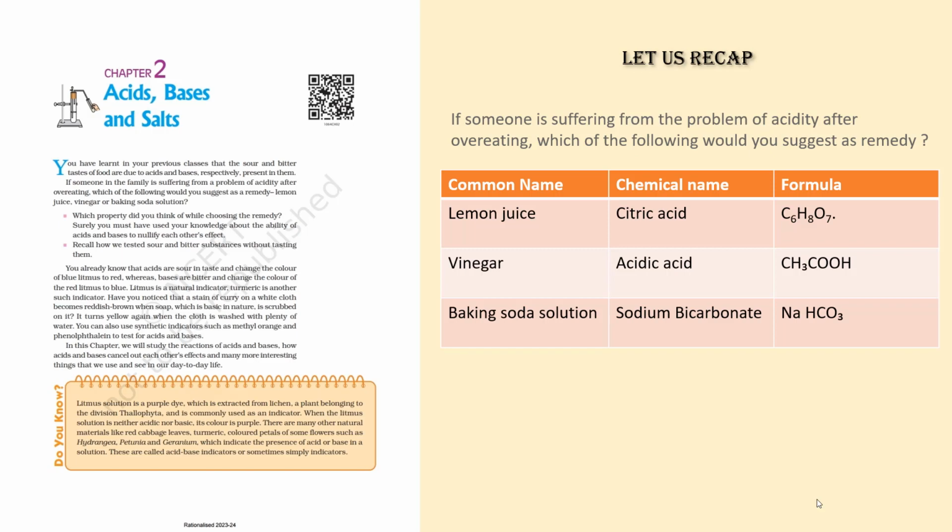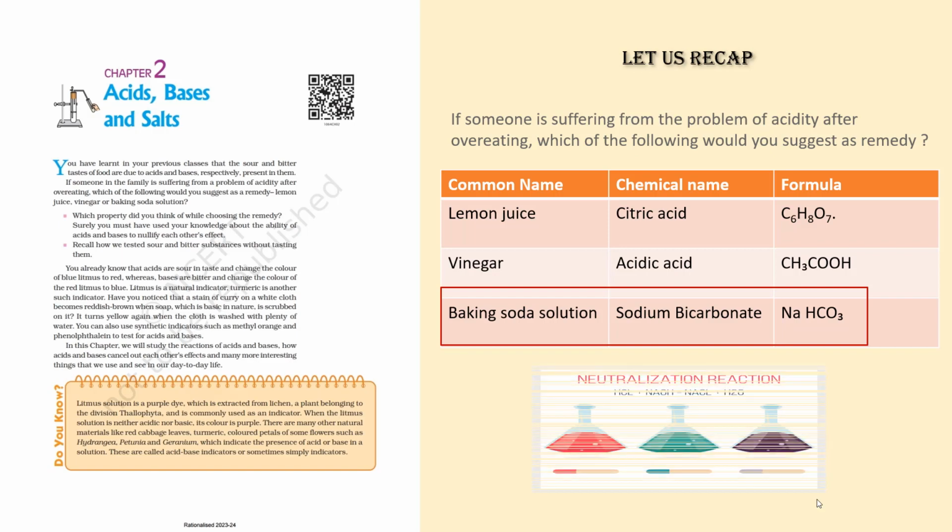That is a base. So of the three choices given to you, baking soda solution, a base, is the best option for the person because the person is already suffering from acidity. How is baking soda solution going to remedy that? I hope you remember the neutralization reaction; you have studied these in detail in your previous classes.